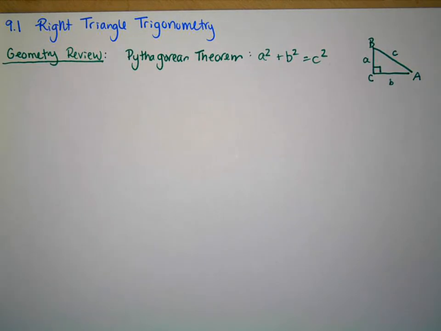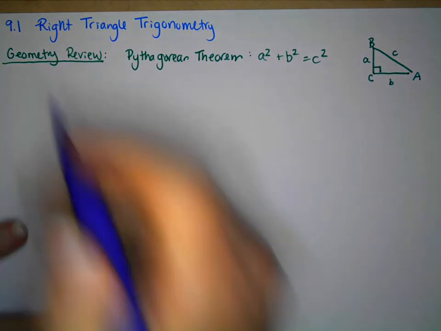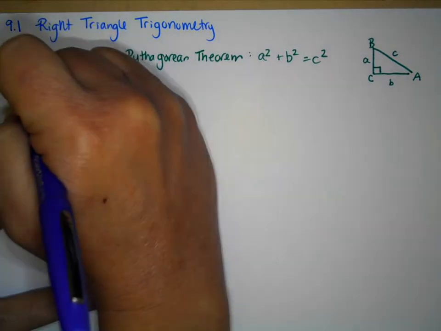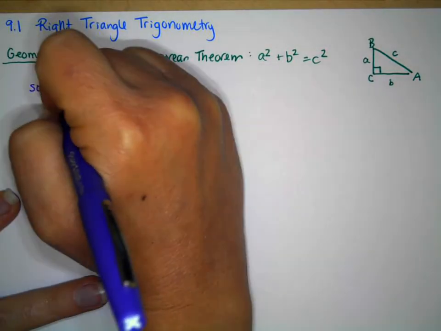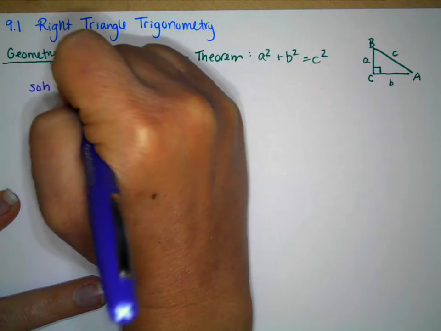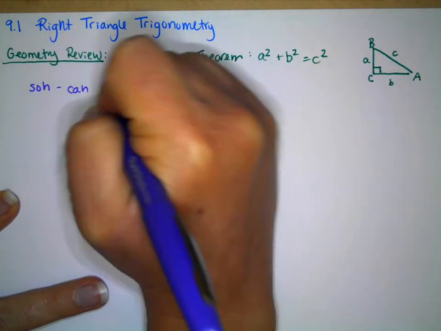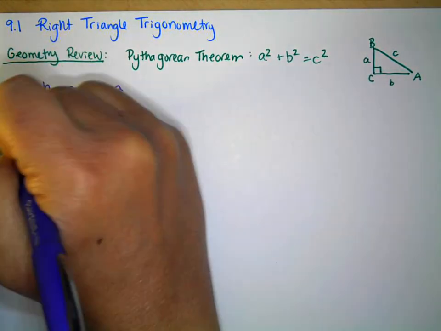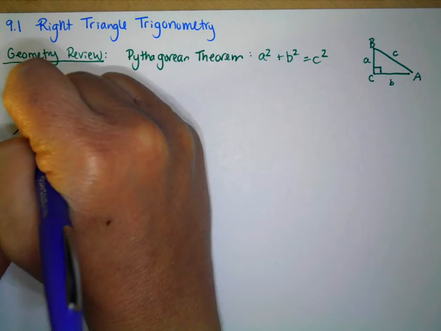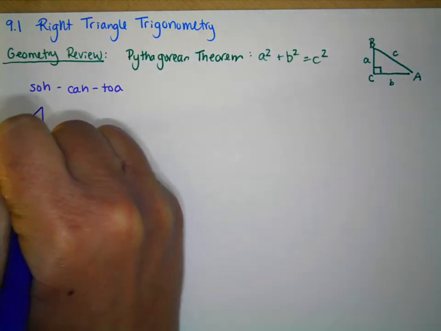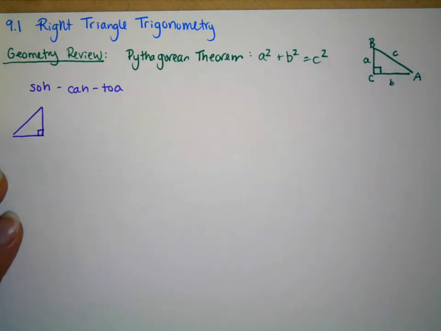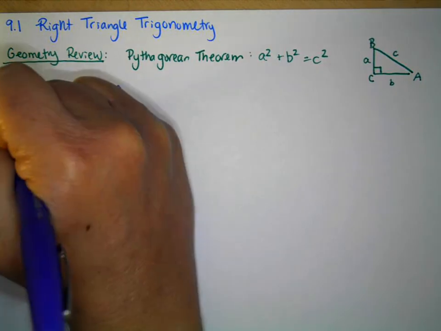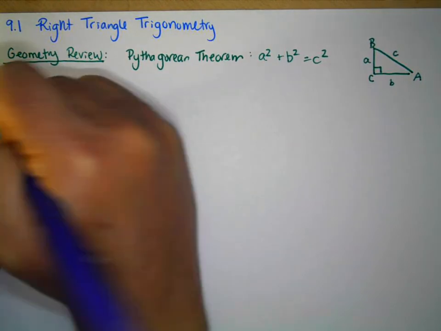The other big idea that you need to remember from your geometry days is SOHCAHTOA. So if we have a right triangle, with the right angle there, I'll call this angle right here angle theta.